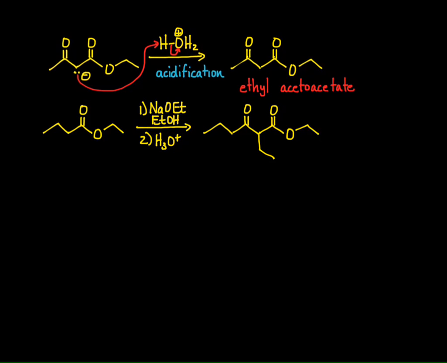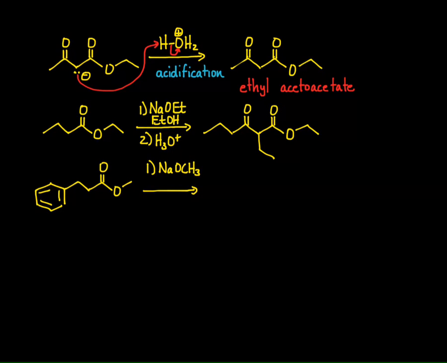Important to understand that, and important to distinguish between reacting a ketone, or the enolate of a ketone, with an ester, and the enolate of an ester with an ester. So reacting ketone enolates with esters gives you beta diketones. Reacting esters with enolates of esters gives you beta keto esters.